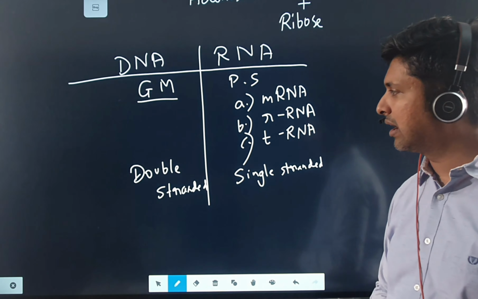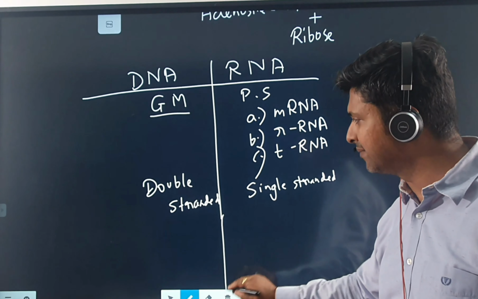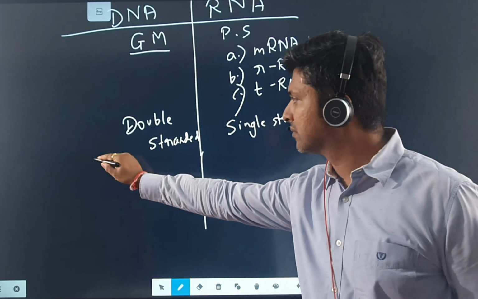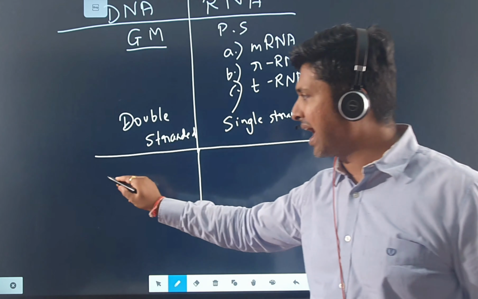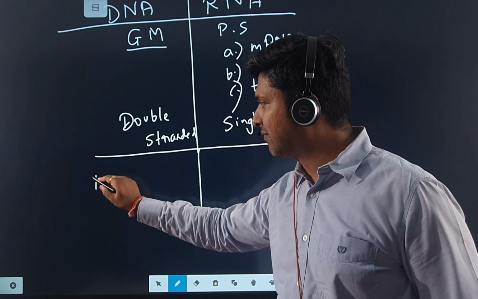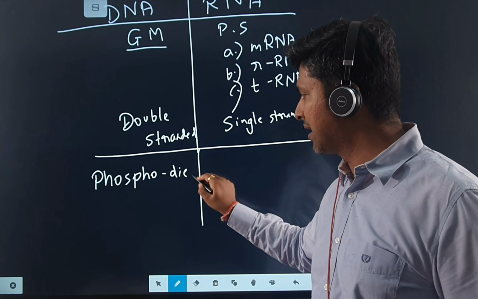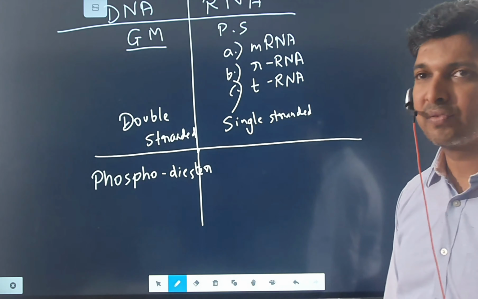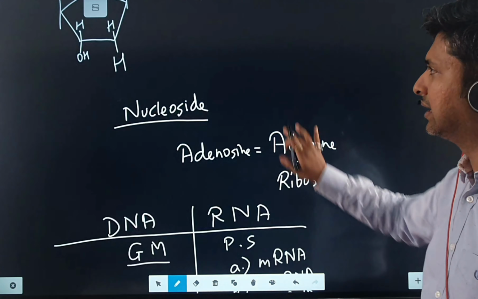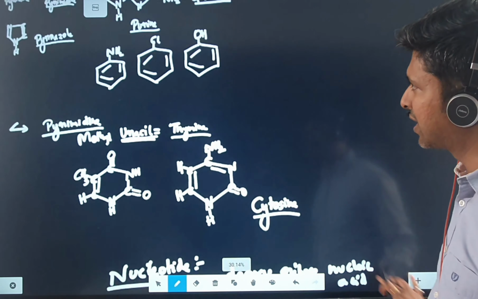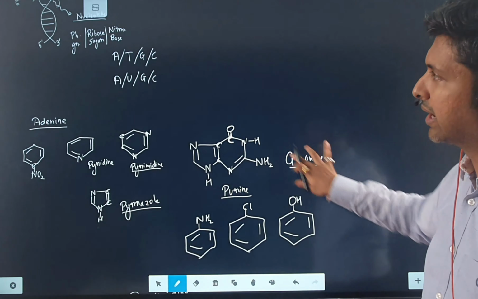Then another point of difference is that DNA has phosphodiester linkage. What is phosphodiester linkage? Now where is the DNA structure which we had drawn? Yeah, here it is.